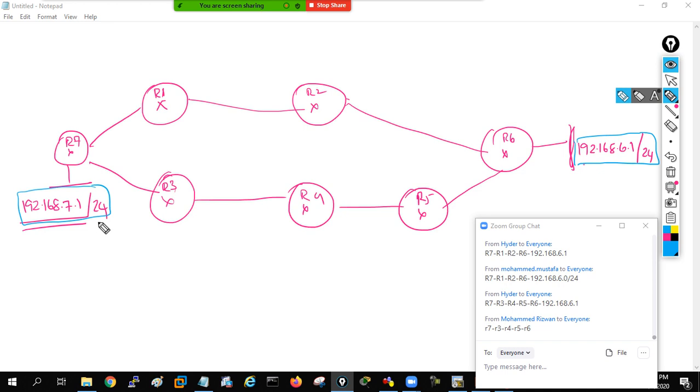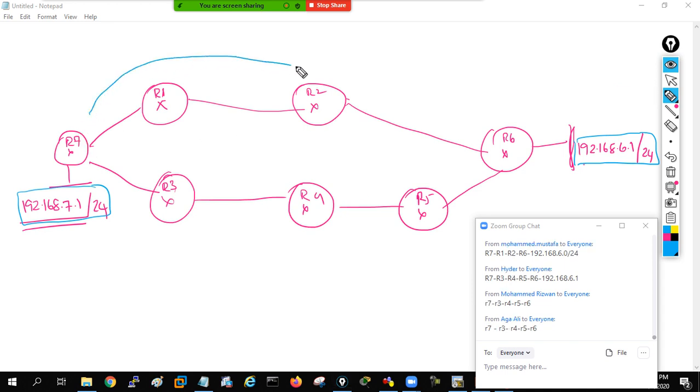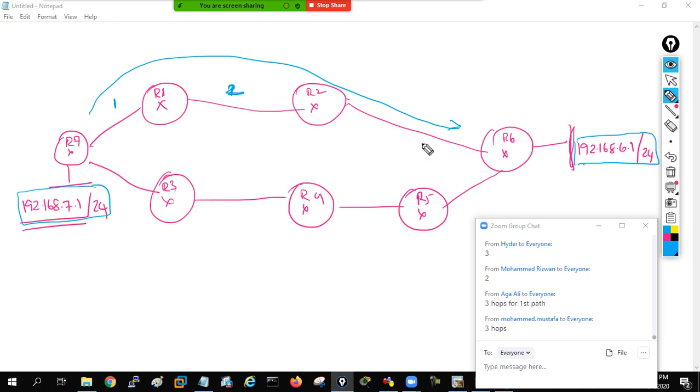Now again, how many hops if you choose the first path? If you choose this path, router 7 to router 1 is one hop, router 1 to router 2 is another hop. Let's say I'll write 2 here so that you learn. Router 2 to router 6, 3 hops, right?